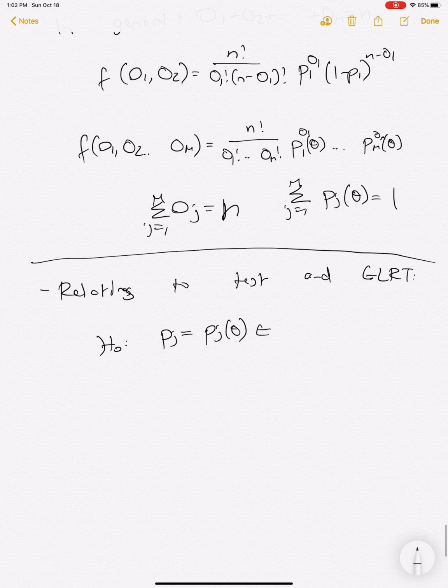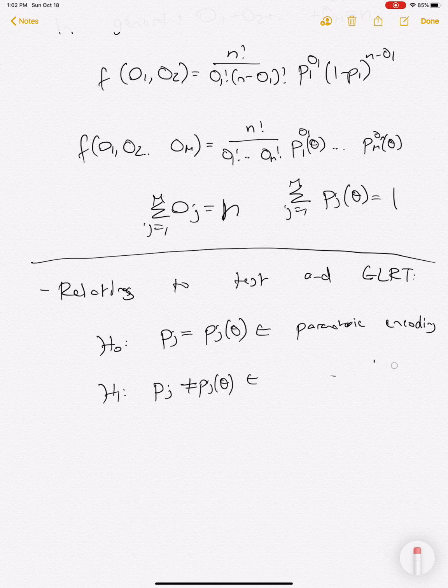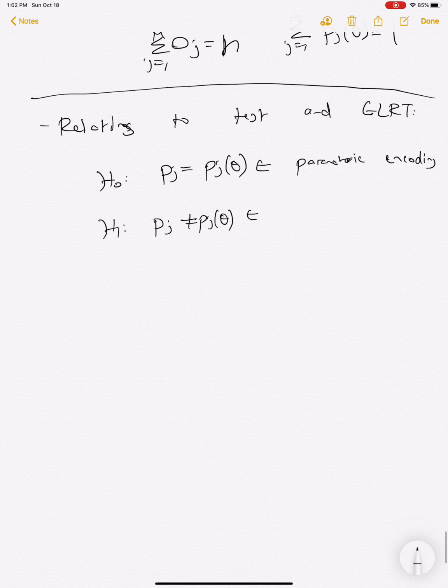This is just some parametric encoding. And then H1 is that Pj is not equal to Pj of theta. So this is any set of probabilities that are not defined by Pj of theta. And we will see an example of this shortly.